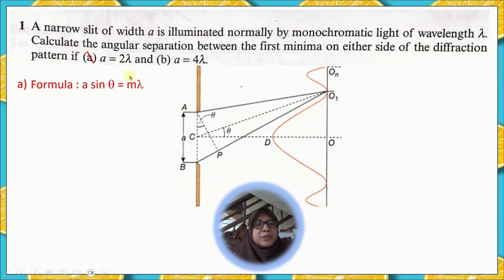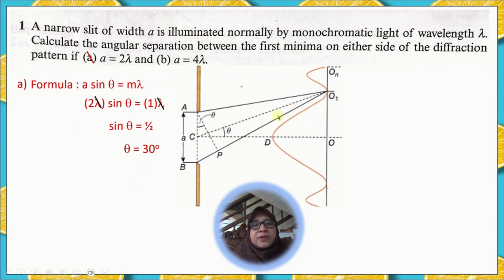So we substitute 2 lambda for a, and sin theta is what we are going to find. m equals 1, and lambda is the wavelength, so we can cancel out the wavelength, and we get sin theta equals half and theta equals 30 degrees.